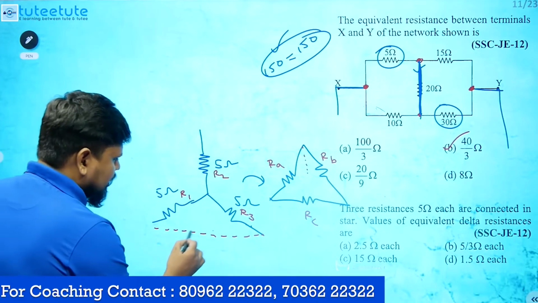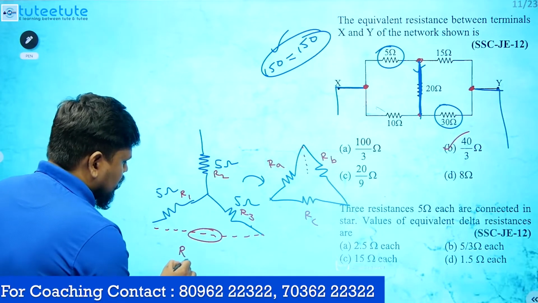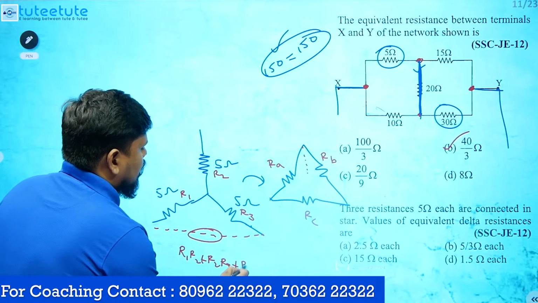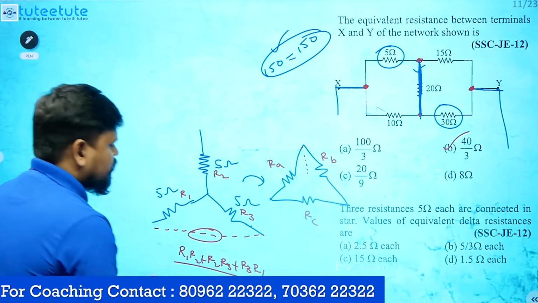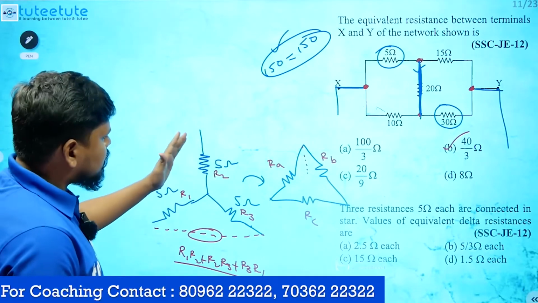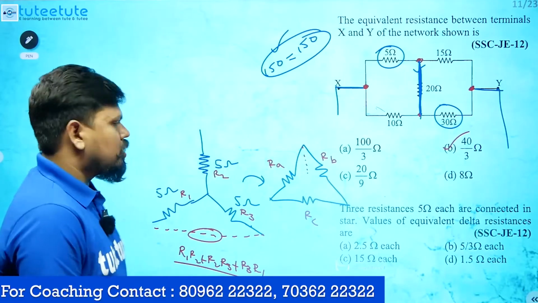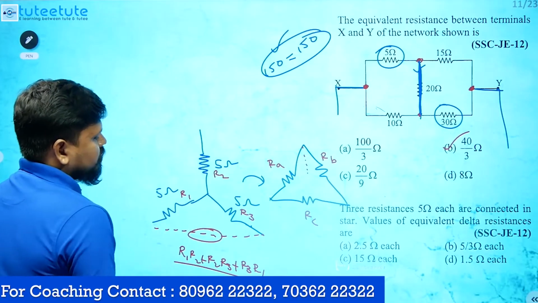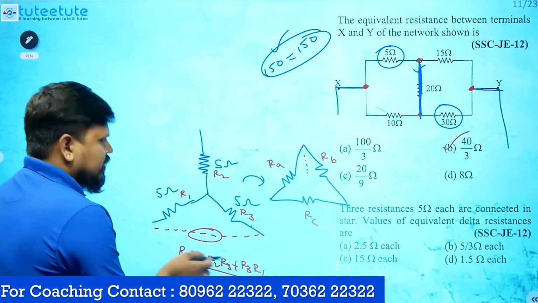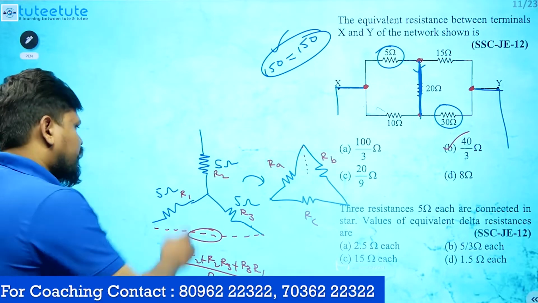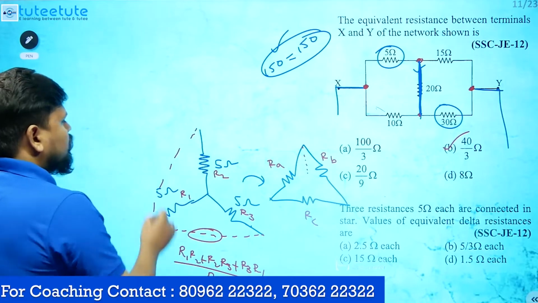If you want the resistance here, it will be R1 R2 plus R2 R3 plus R3 R1 divided by R2, the opposite resistance. The numerator will be the same wherever it is, this resistance or this resistance or this resistance. Divided by, you want resistance here, right? Opposite, what is there? R2 is there, divided by R2. That's it.